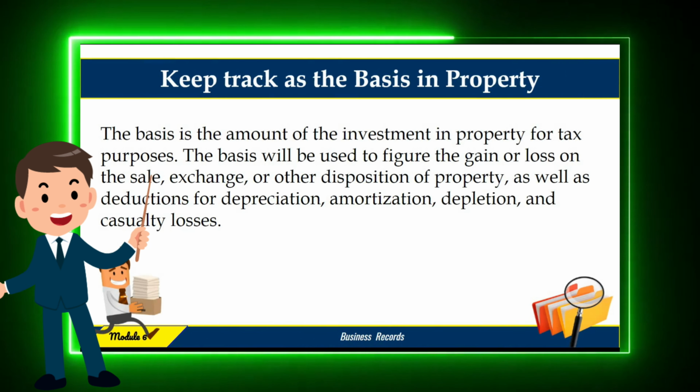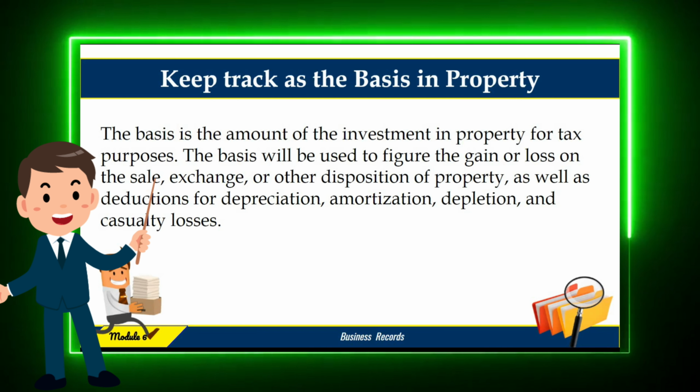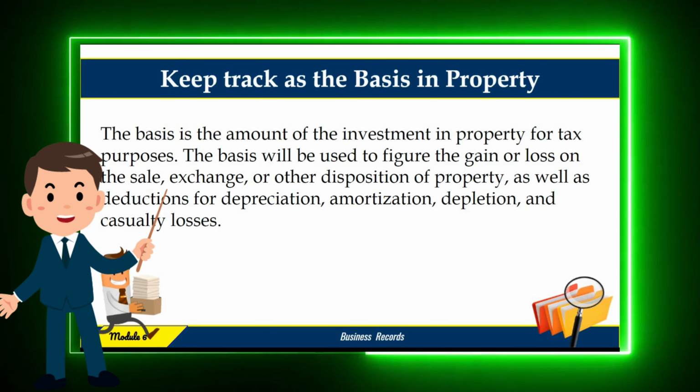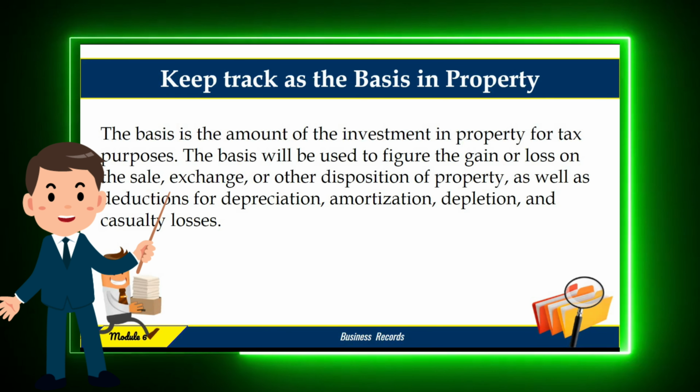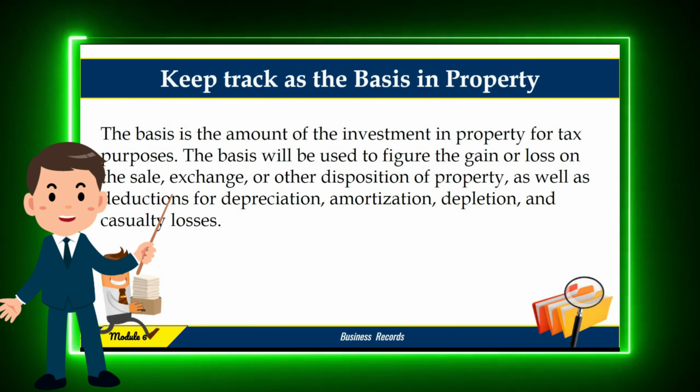So the basis is the amount of the investment in property for tax purposes. The basis will be used to figure out the gain or loss on the sale, exchange, or other disposition of the property, as well as the deduction for depreciation, amortization, depletion, and also casualty losses.